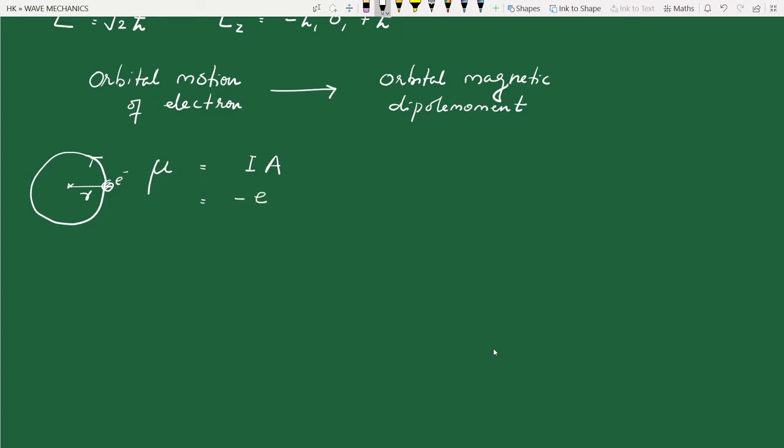Current is charge by time period, and area is pi r square. This is the magnetic dipole moment. We call it equation 1. And the orbital angular momentum of this electron is mvr, that is equal to m into velocity.